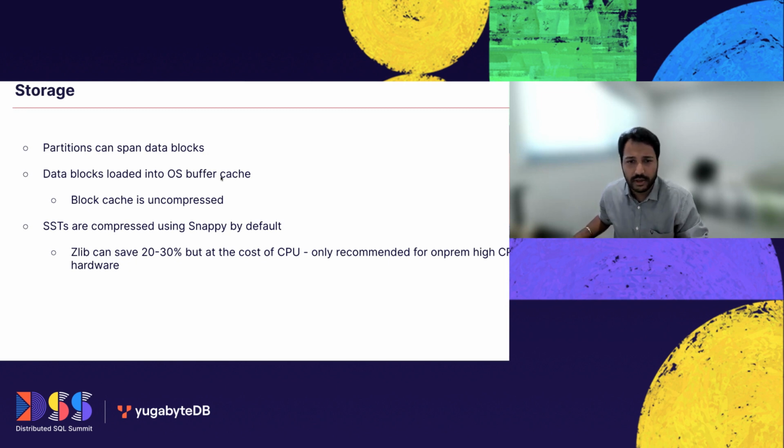By default, SSTs are compressed using the Snappy algorithm. Snappy is good. zlib can be better. It can compress by 20 to 30% more, but the zlib algorithm is more CPU intensive. So depending on the use case, this can be configured and changed to zlib if the use case requires that.